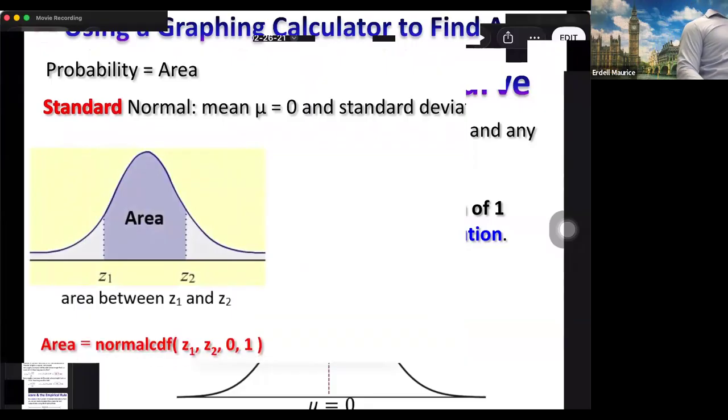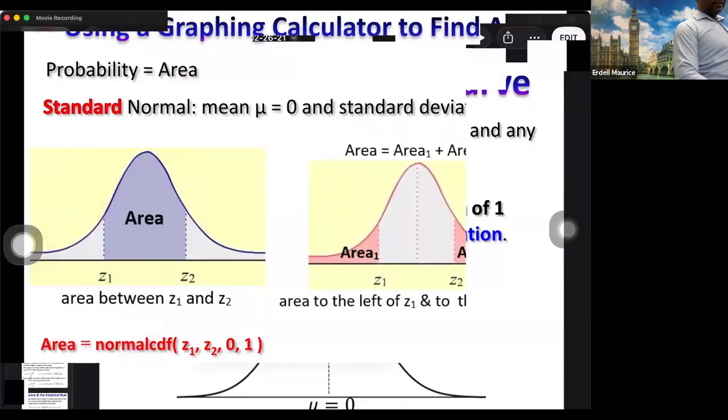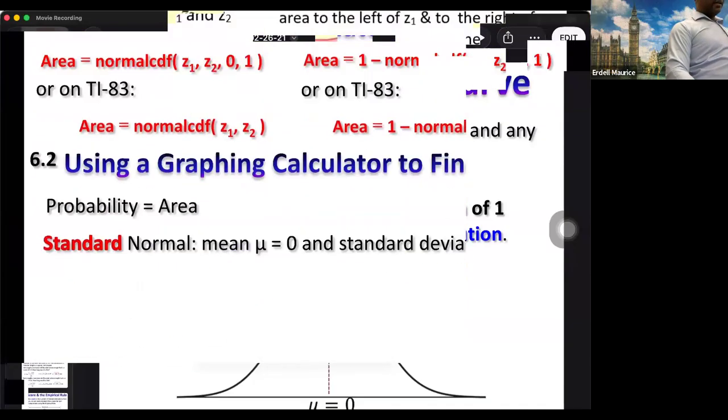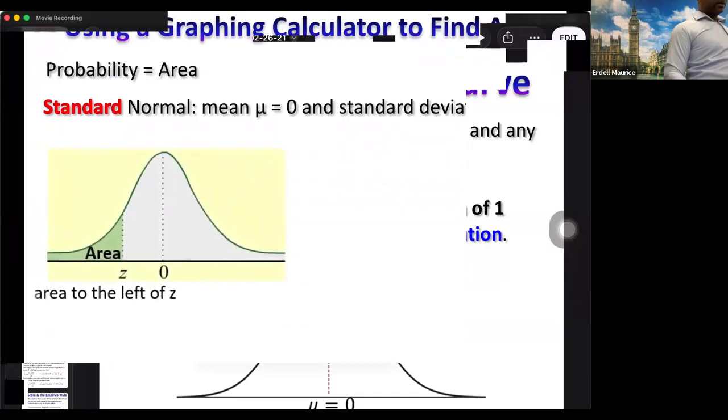All right, we've already talked about all of this right here. There are different ways they can ask us questions. They can ask us between. When they talk about between, they're talking about the area in between 2 points. Again, we don't need to know all of this right here. They can ask us to the left or right, or the tails, right? Shade the area on the left, shade the area on the right. They can ask us for a left tail test where they're shading the area only on the left side.